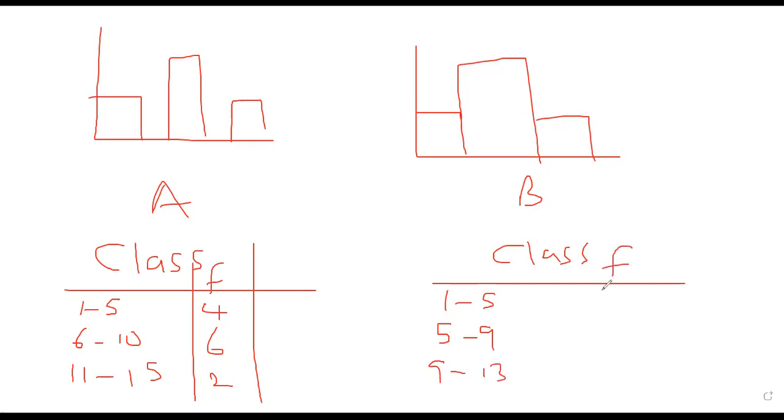We have frequencies 4, 6, and 2. So which one is a bar chart and which one is a histogram in terms of the classes that you are seeing here? Which one has spaces and which one is continuous? So I can call this C and I can call this D. Which one is continuous and which one is discontinuous?